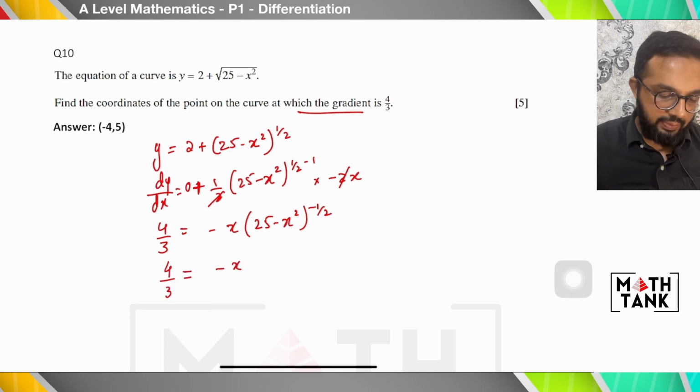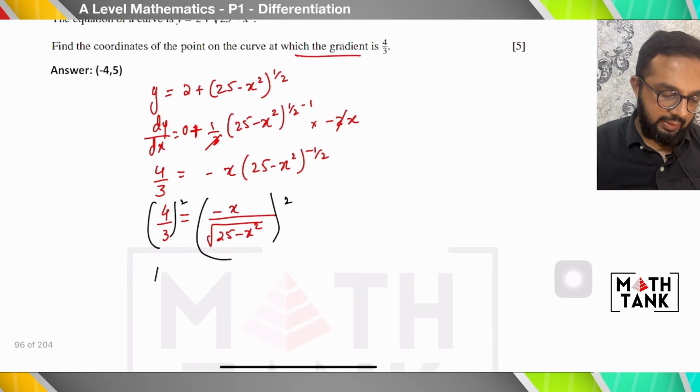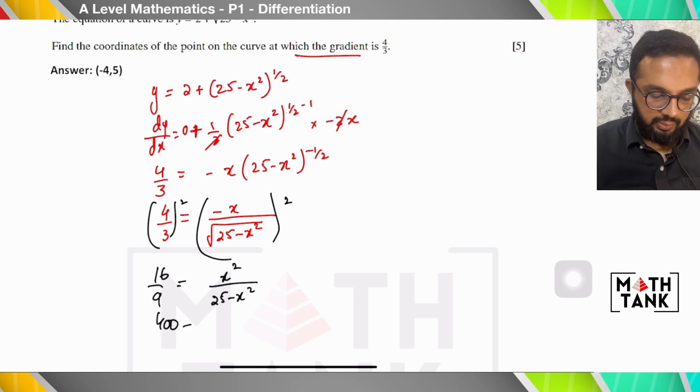Since this equation has a root, I will have to square both sides and say that this is 16 over 9 equals x squared over 25 minus x squared. Nothing cancels out, but 16 into 25 is 400, minus 16x squared equals 9x squared.